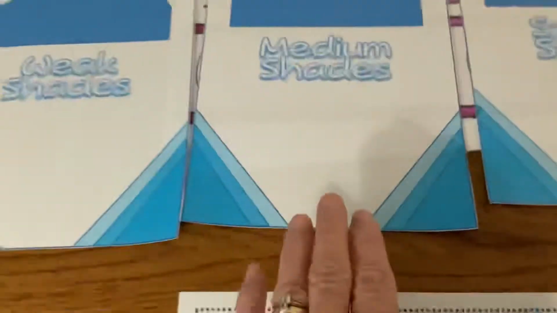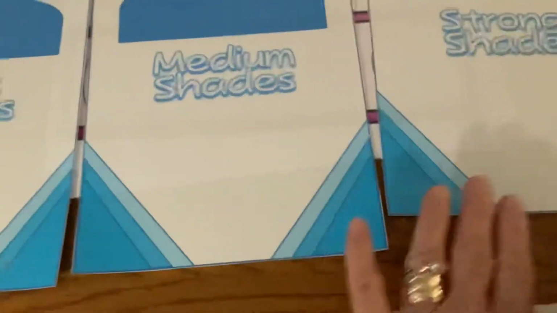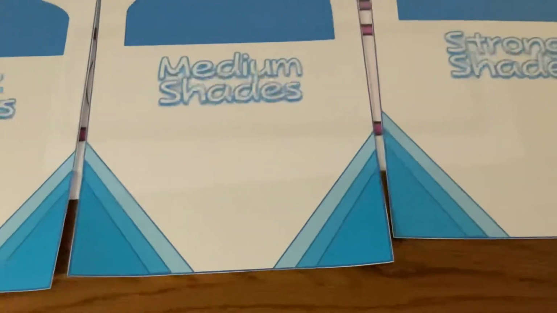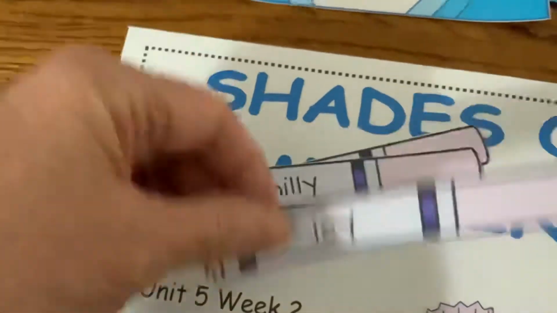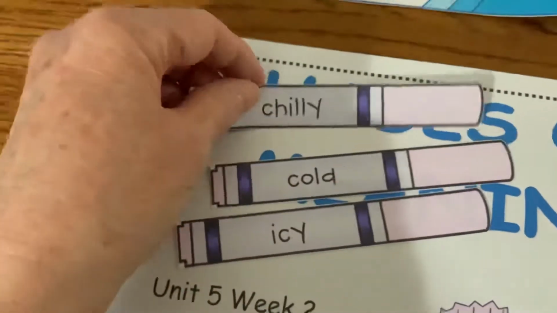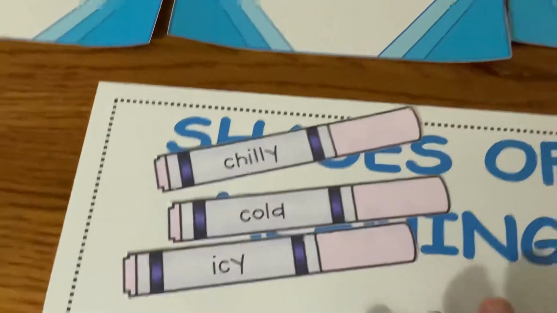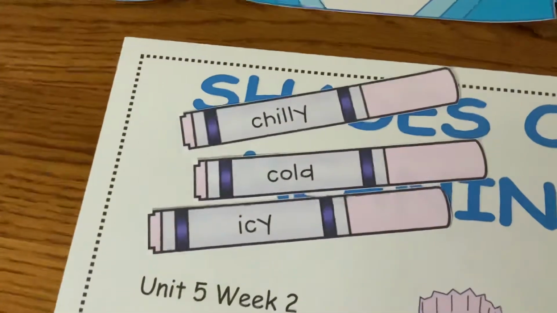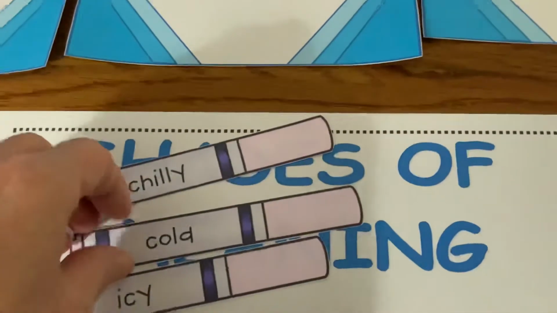And we're going to look at words that have a weak shade, a medium shade, and a strong shade right now. So if we look at these words right here, we have icy, we have chilly, and we have cold. Which one do you think would be the weakest? The word that you just mean it's a little bit cold. So we're going to start with cold.